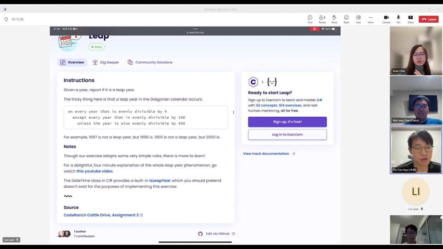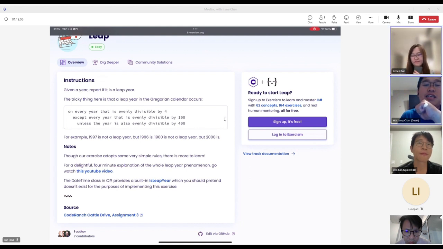If you meet the first condition, which is divisible by 4, then you check whether it is divisible by 100. If not, that is a leap year. If yes, we have to check whether it is also divisible by 400. If yes, that is a leap year.